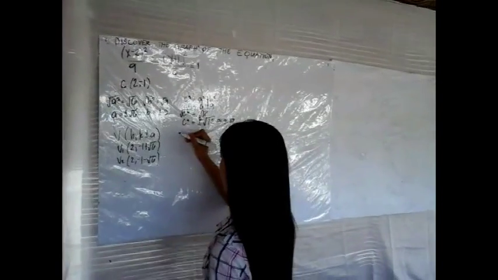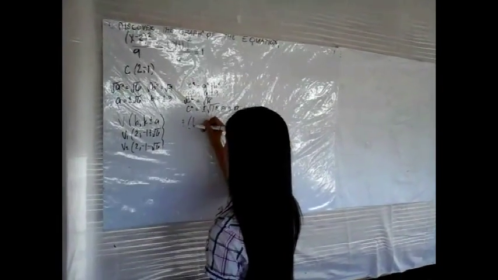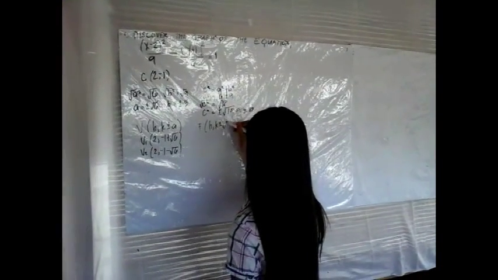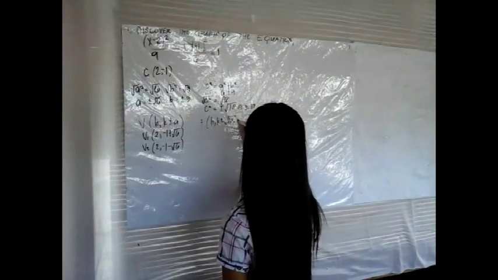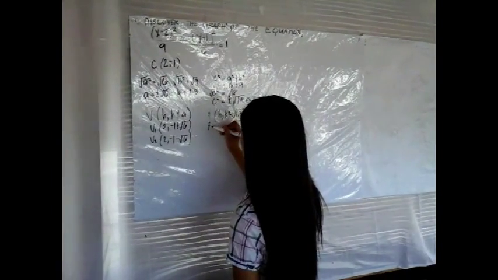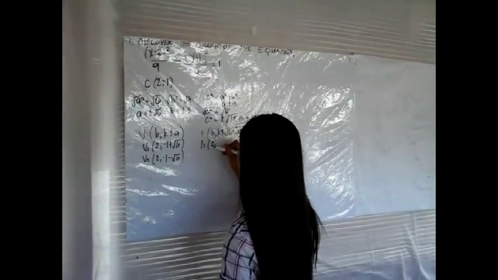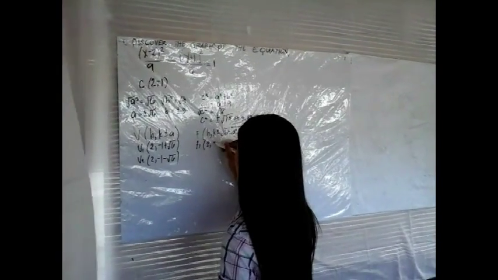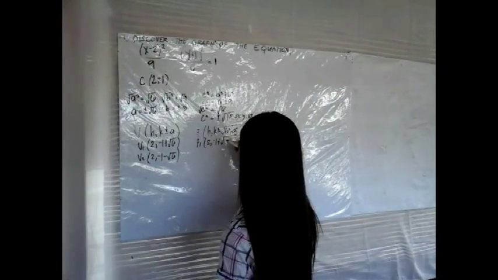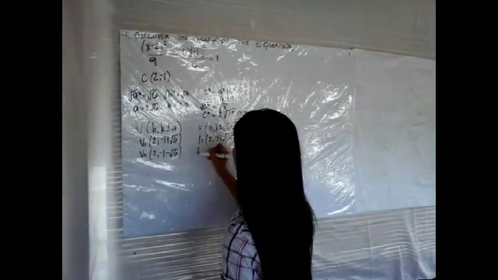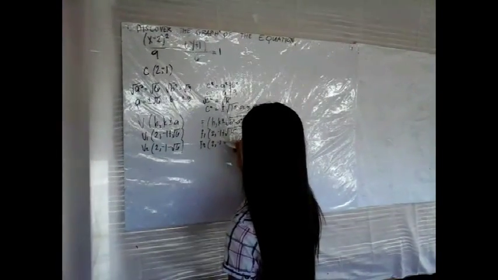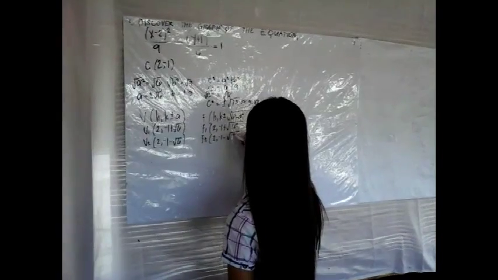To find our foci, by having the formula h and k, positive negative square root of b squared minus a squared, our focus 1 is 2 and negative 1 plus square root of 15. Then our focus 2 is 2 and negative 1 minus square root of 15.